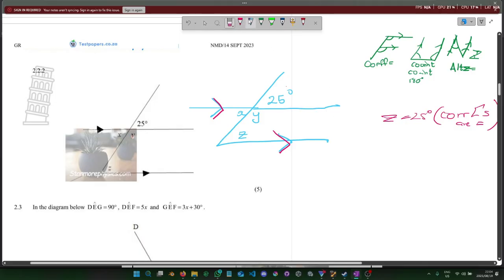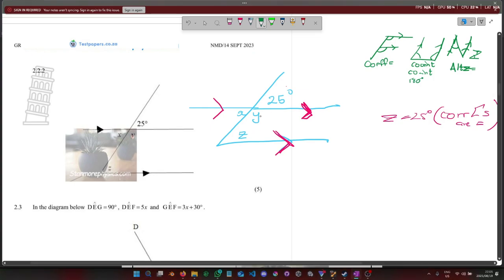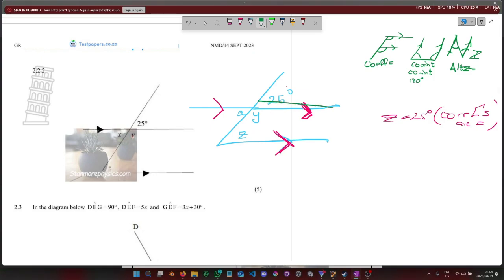So that leaves Y, right? Also, if this is parallel with this, that means that this one here is still parallel. Just because this line breaks it up doesn't mean that this one is not parallel, right? If we look at that, can't we see that maybe this is a U, right? That is a U. Which means Z plus Y must equal 180, because what?